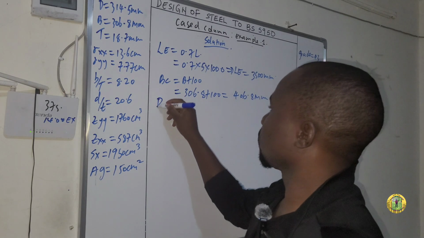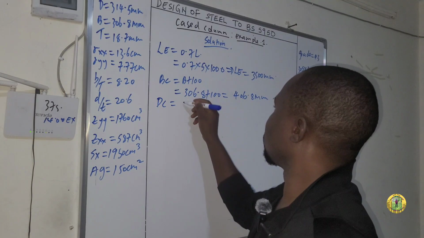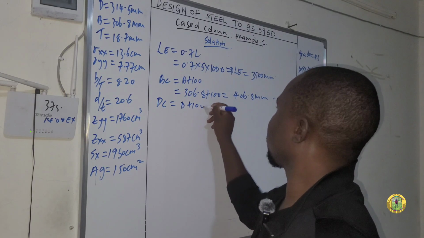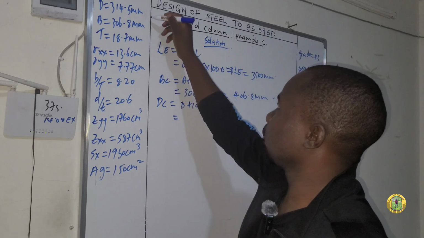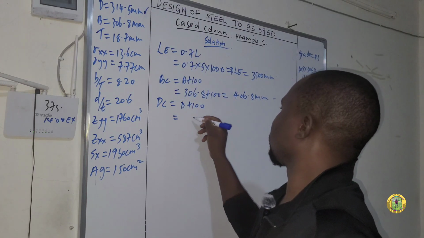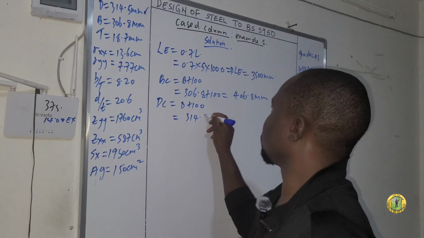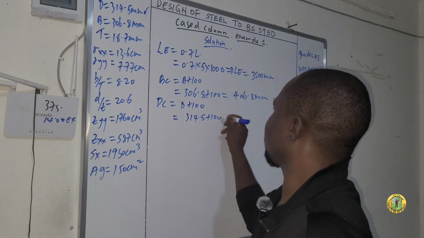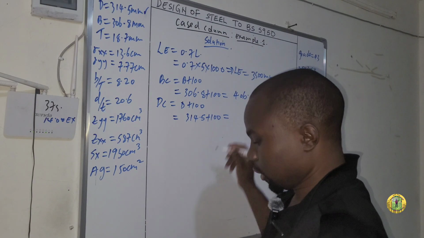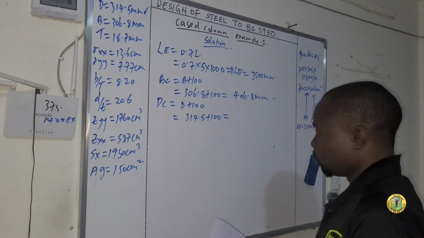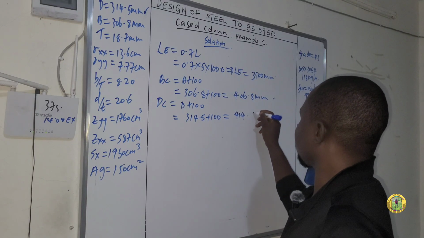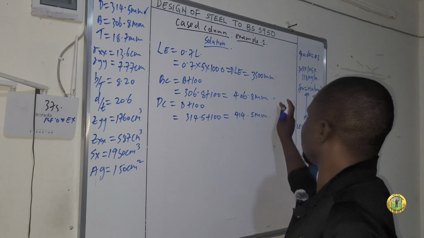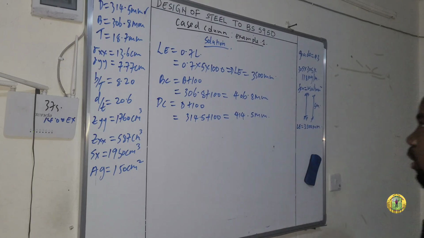DC is equal to D plus 100. Our D is already here, 314.5 plus 100, so this will be 414.5 millimeters.